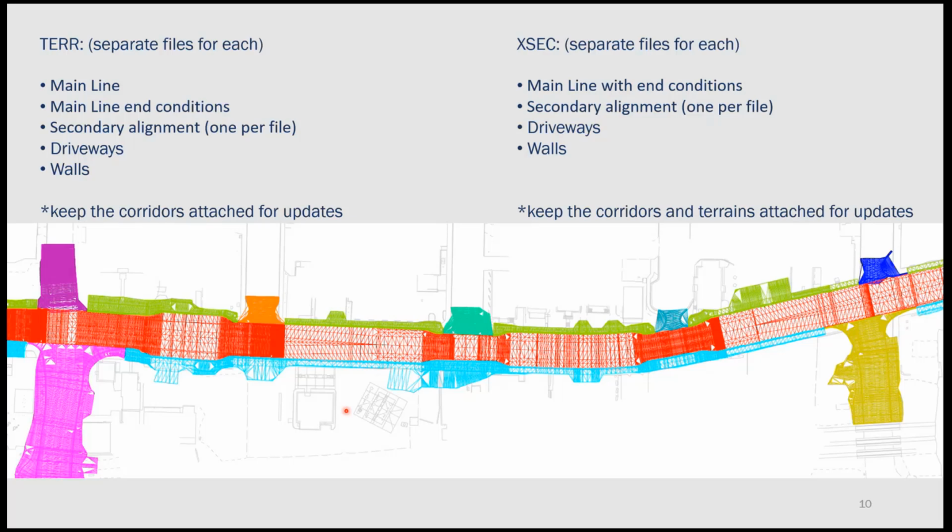And so if you want, you could display your terrain to give you that top finish grade surface for everything, so you could have that turned on your terrain file, but you could selectively only display the corridors that you want to annotate in your cross sections. I just wanted to reiterate that point.